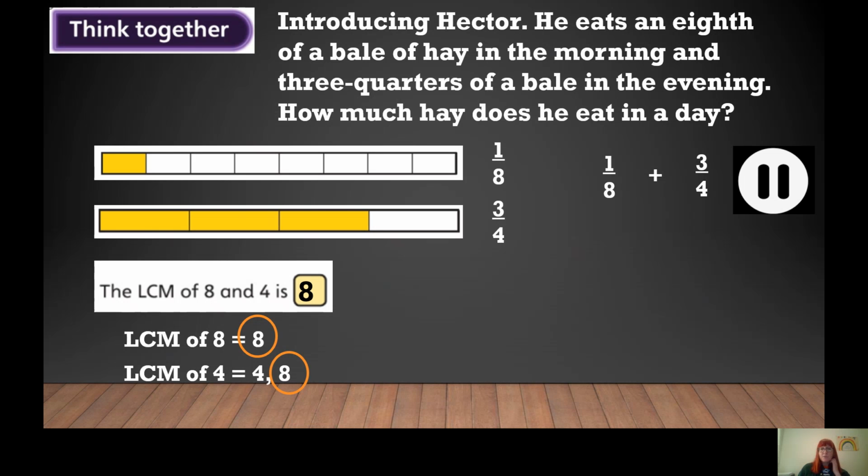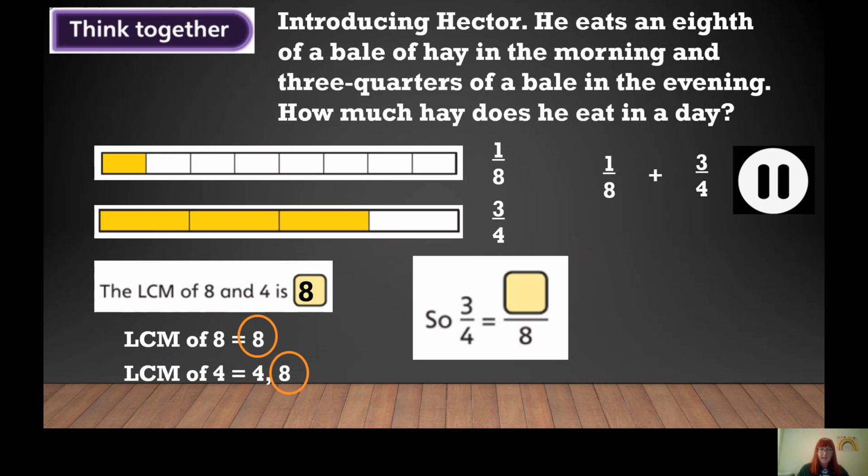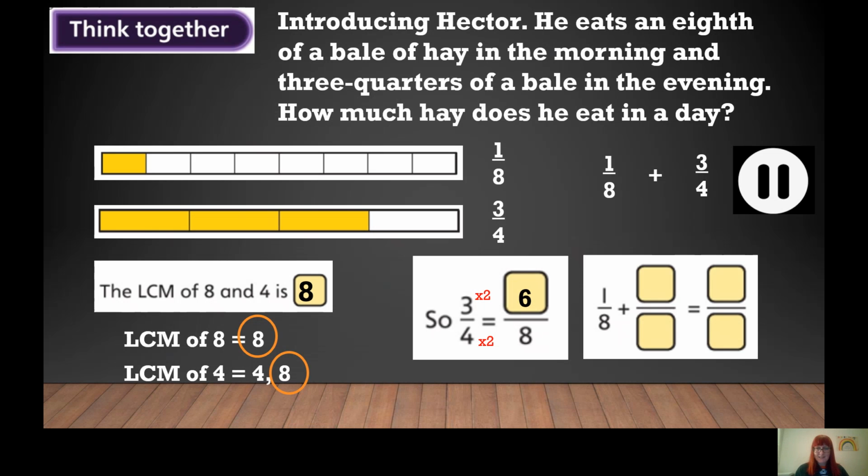Okay, so now we need to convert those fractions into eighths. Well, 3/4 we can convert into eighths because we need to multiply the denominator by 2. And then what we do to the bottom, we do to the top. The numerator then multiplies by 2. So 3/4 is the same as 6/8. Now, it looks to me like we already have eighths here, the amount of hay eaten by Hector in the morning.